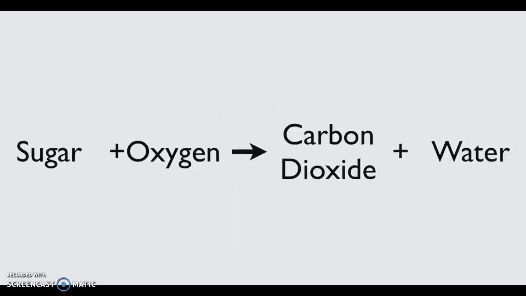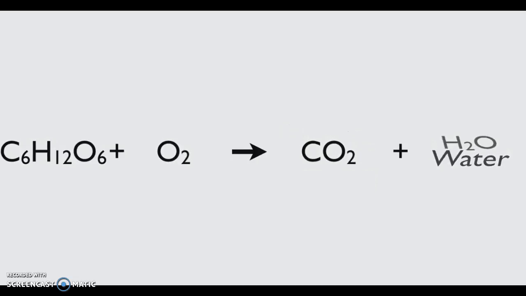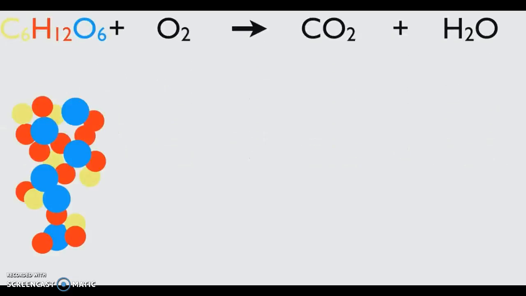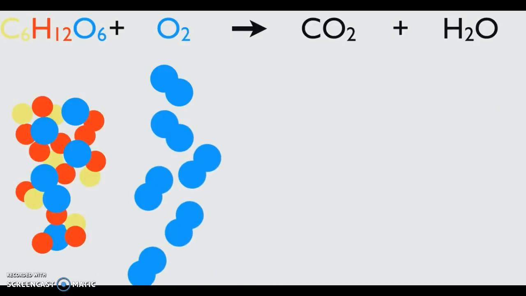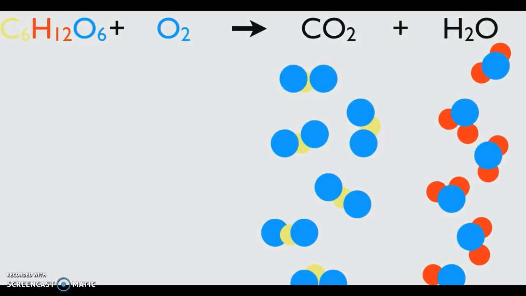Sugar enters your body as C6H12O6. When you breathe in oxygen gas, a chemical change begins. The sugar is broken down and turned into carbon dioxide and water. The sugar molecule has chemically changed.